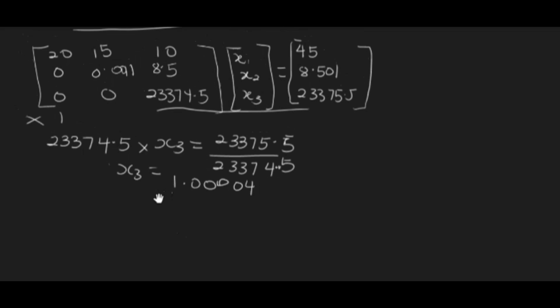So the second equation, we are going to get this 0, then 0.001 times what? x2.